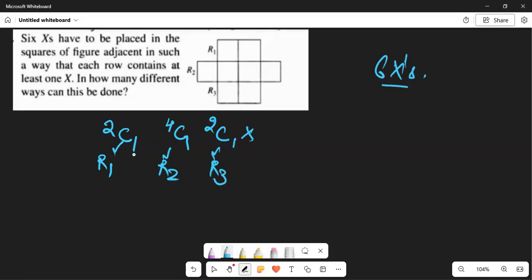So choosing one position means you are filling the x in that square, and this means your 3 x's are already filled and 3 remain.